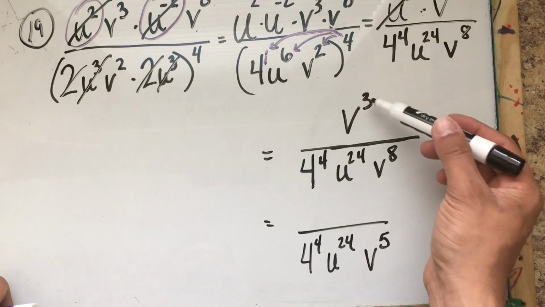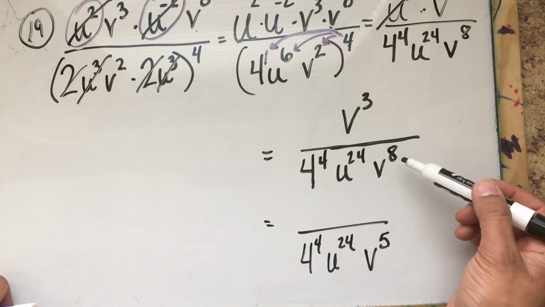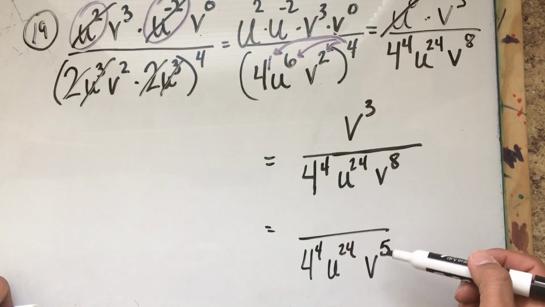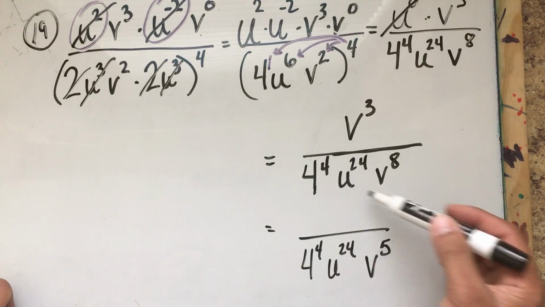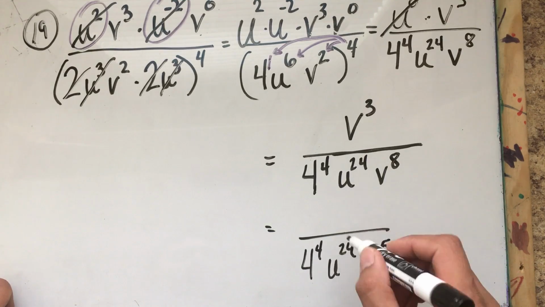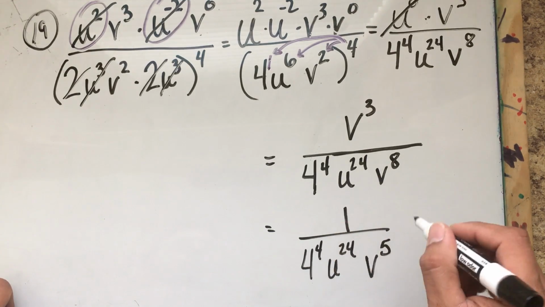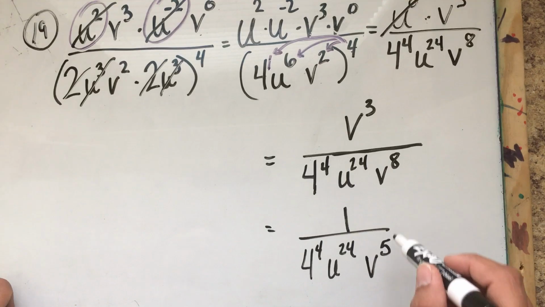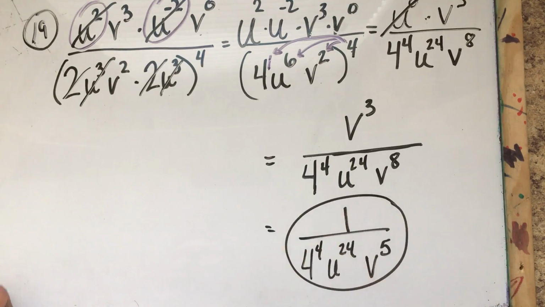So we said that the v's are going to simplify, have v to the 5th on the bottom. Because I don't have anything on top, I need a placeholder on top. So I am going to put a 1 on top. So that becomes my placeholder. Okay. So that's my answer for number 19.